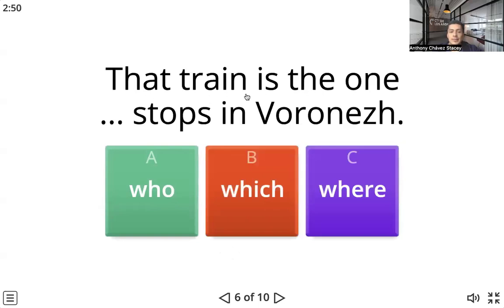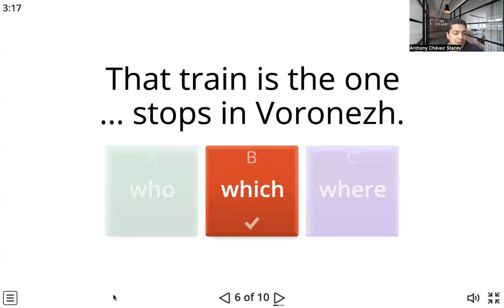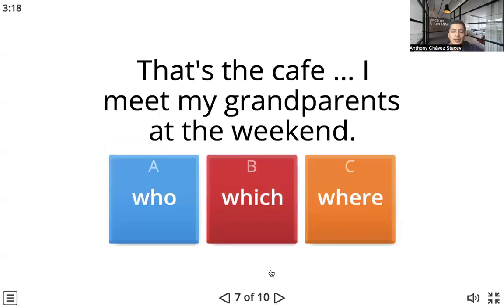That train is the one where stopping birds. It's not a place. That train is an object. Which? Excellent, great job. Nayeli will be the next one, number 7.